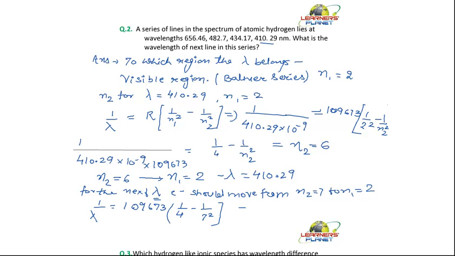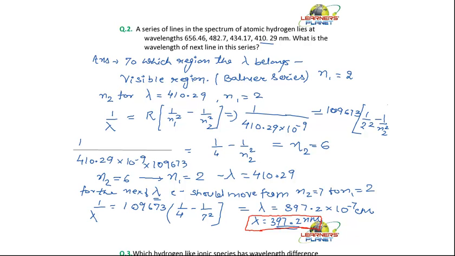You just solve this equation and you will get your wavelength equal to 397.2 into 10 to the power minus 7 centimeters, or lambda is equal to 397.2 nanometers. So what will be your answer? What is the next wavelength in the series? The next wavelength in the series is 397.2 nanometer.